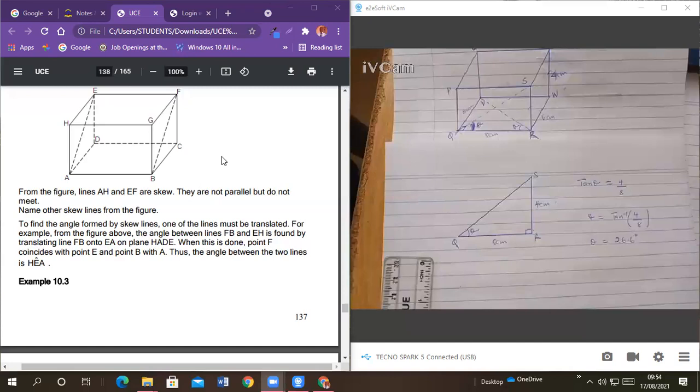Okay, Esther, do you have any other set of lines that you're seeing there? HG. Look at any other vertical line that is not connected to this line.